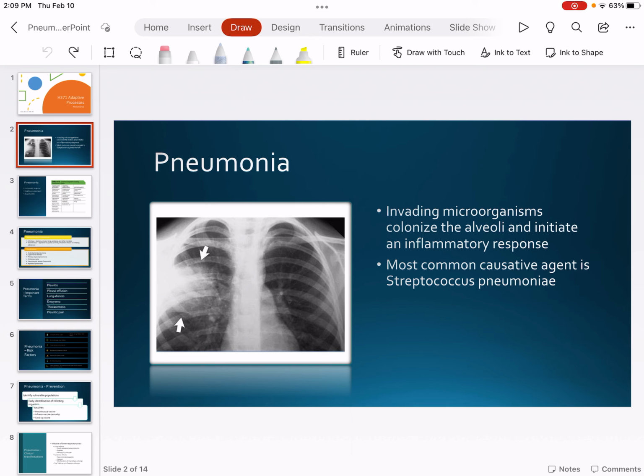So in this situation, infectious debris can fill the alveoli and interfere with ventilation and gas exchange. There's a really good picture of this in your book at the top of page 623, so I recommend that you look there. The most common causative agent is Streptococcus pneumoniae.